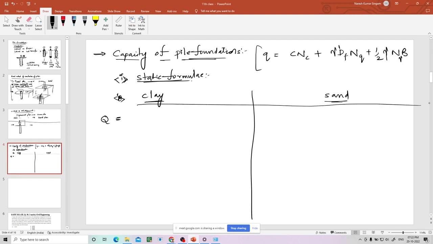So this is the formula for capacity of the shallow foundation. Generally in shallow foundations we see this equation.